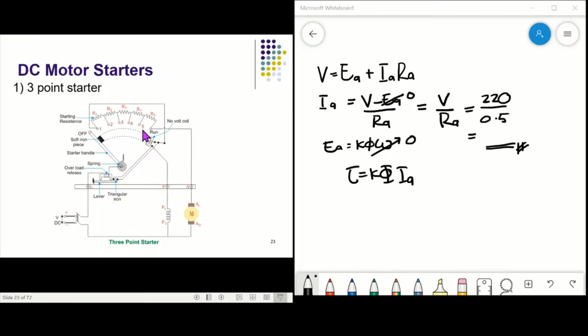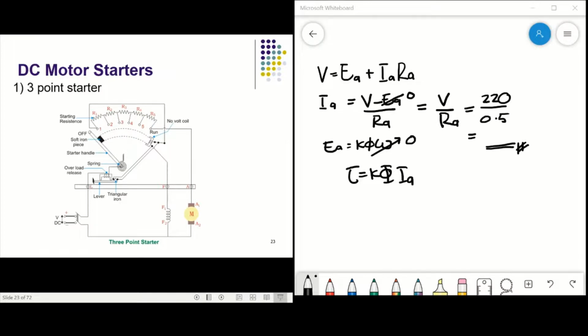When the lever touches point 1, the field winding gets directly connected across the supply, and the armature winding gets connected with resistances R1 to R5 in series. We have R1, R2, R3, R4 and R5 connected in series.